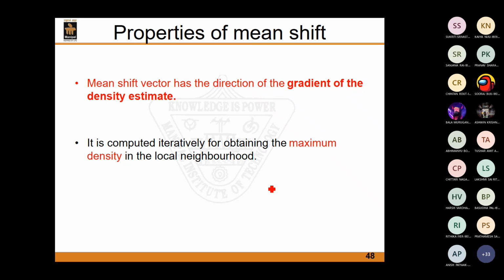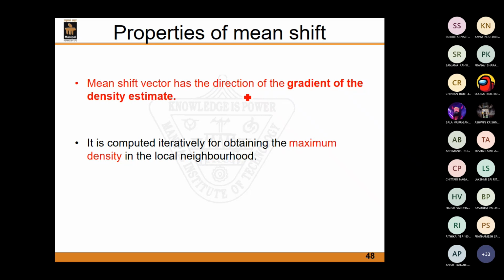So, discussing some of the properties of the mean shift algorithm. The first property is that the mean shift vector points towards the direction of the gradient of the density estimate, or you can also say it points towards the direction of the maximum density.